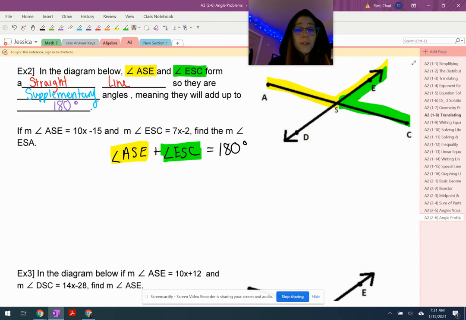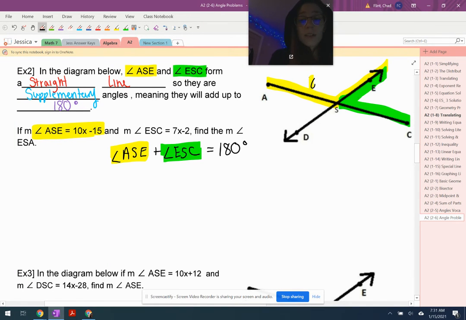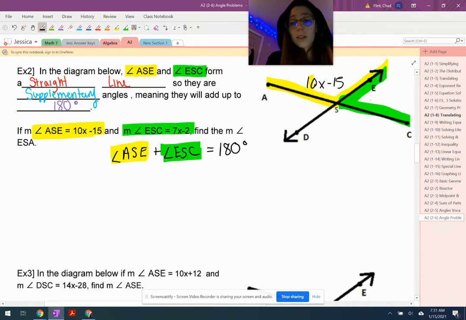So the measure of angle ASE, that's yellow, they're giving me as 10x minus 15, and then they're giving me ESC as 7x minus 2. So the yellow plus the green gives me 180.